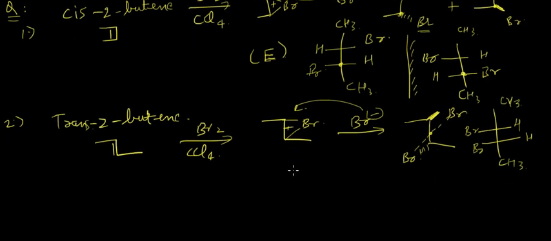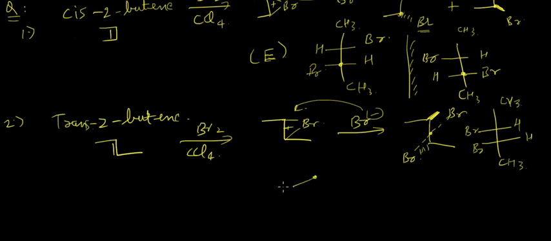If you are not able to figure it out, you can first draw a Sawhorse formula and then a Fischer projection. So the Sawhorse formula for this case would be simply, let's say in this case, for this carbon, Br is going down the plane.